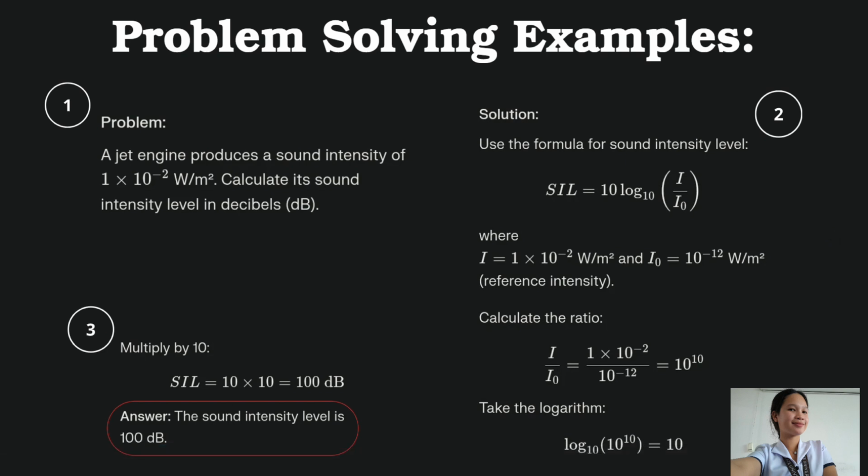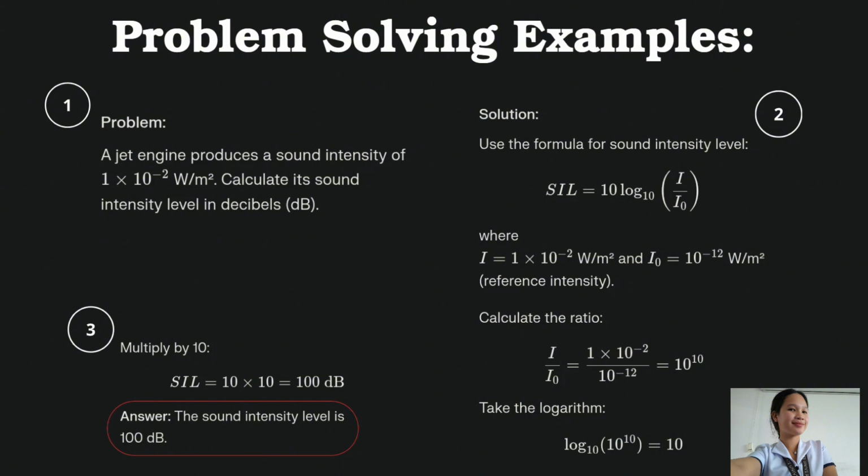So now let's move on to the sample problems. The problem is: a jet engine produces a sound intensity of 1 times 10 to the power of negative 2 watts per square meter. Calculate its sound intensity level in decibels. So the formula we use is sound intensity level equals 10 log base 10 of I over I naught.